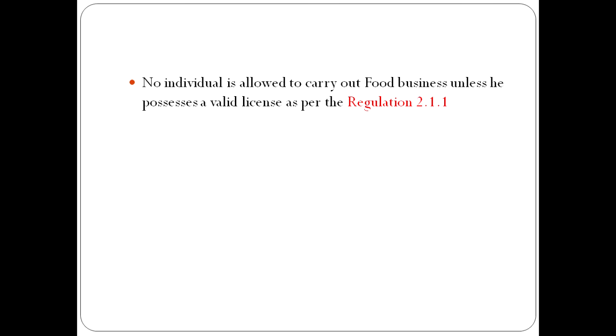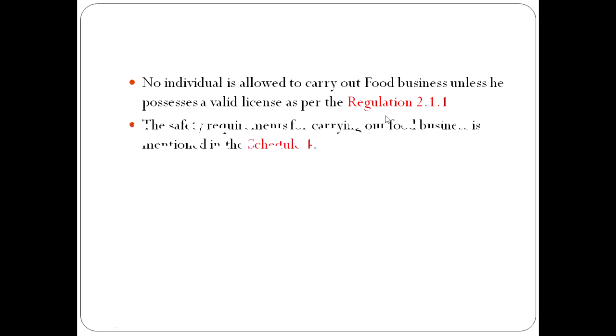And it is mentioned in regulation 2.1.1. Here we need to note the regulation also, as there might be a question like which regulation says that no individual is allowed to carry out food business unless he possesses a valid license. That regulation is 2.1.1.